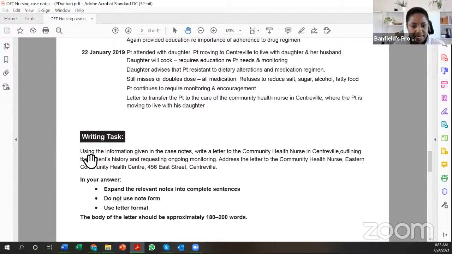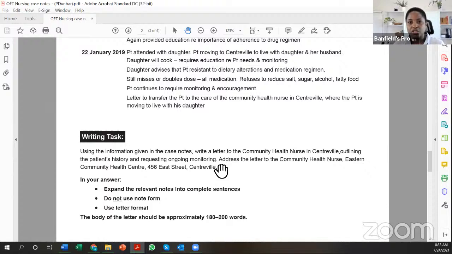So what does the writing task say? Using the information given in the case notes, write a letter to the community health nurse in Centerville outlining the patient's history and requesting ongoing monitoring. So in this case, you're writing a letter to give the reader as much of the most important and most relevant information about this patient, because this person is going to be taking over care.